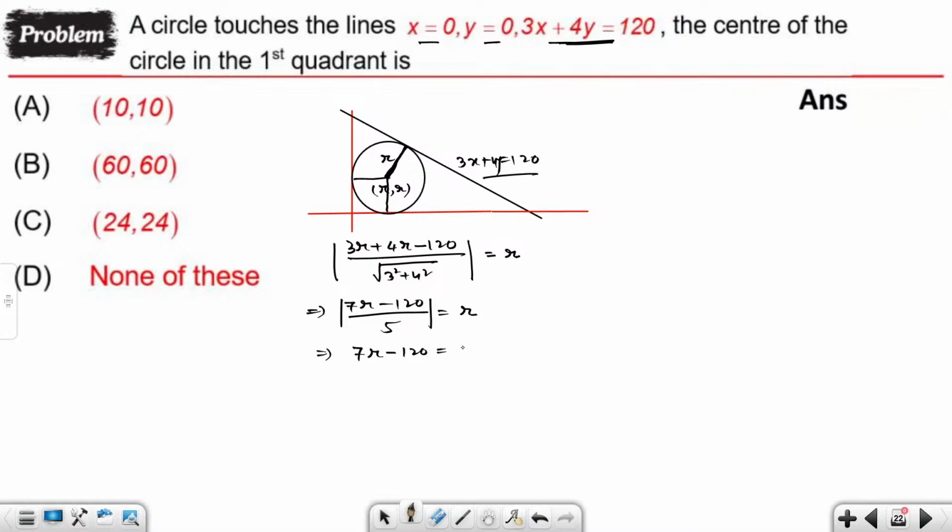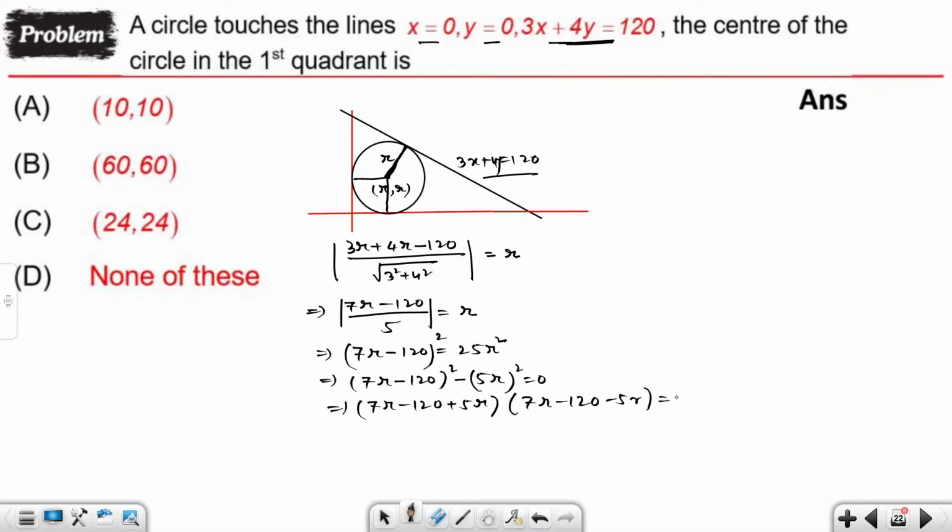which is equal to, if you square both sides, you are going to have 25r square, right? So which can also be, don't expand it, do some smart work. So it's 5r square minus the other side is 0. So if I use the formula a square minus b square, we are going to have a plus b, a minus b, which is equal to 0.